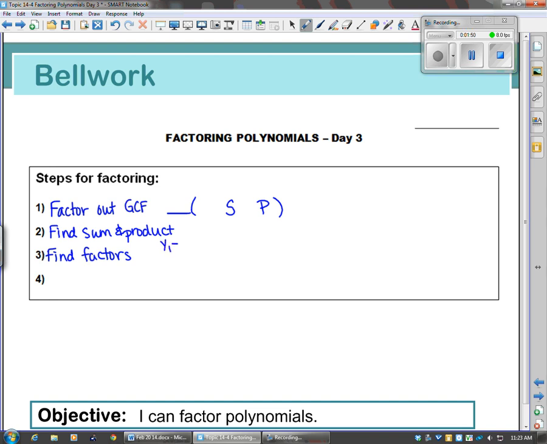Y1 is product divided by x, including the sign. Y2 is parentheses, product divided by x, plus x. Then when you go to your table, you look for the sum in the Y2 column, and the two numbers next to it are your magic numbers.